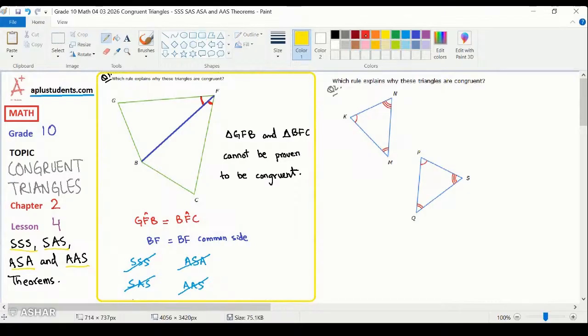They are saying the angle KNM, let's take it, is equal to QPS. These two angles are the same. The next angle is KMN equals PQS.